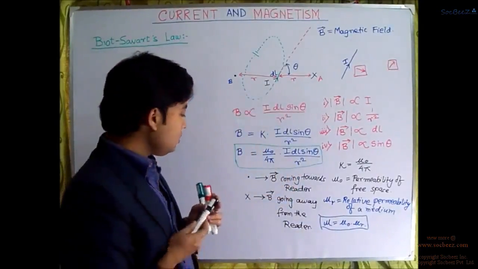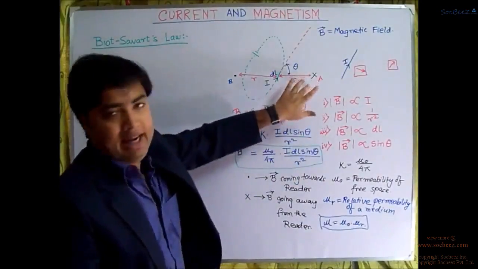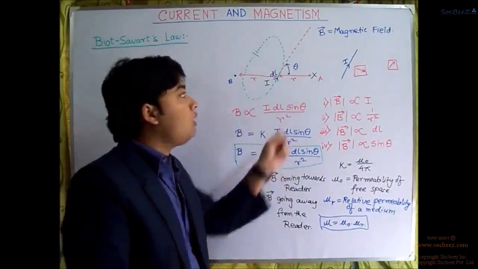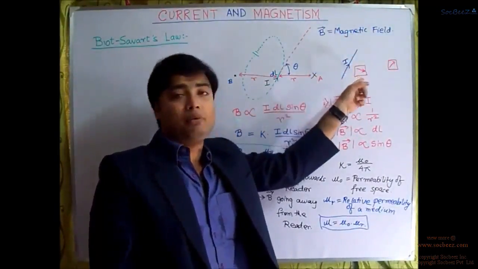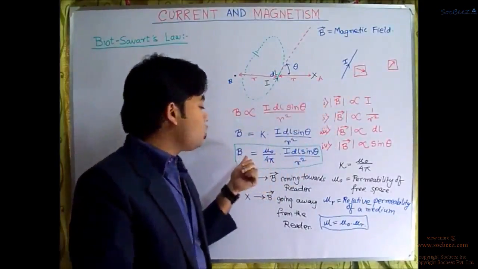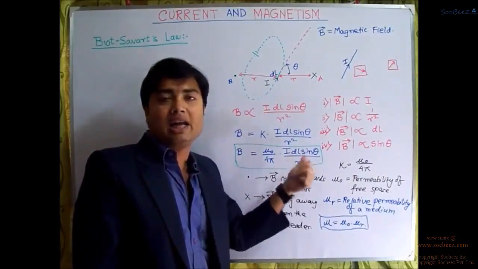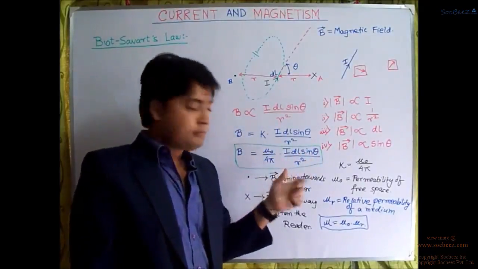So over here now we can understand that at point A, the magnitude of the magnetic field that is produced, if a compass is kept over here, the B produced will be mu naught divided by 4 pi multiplied by I dL sine theta divided by R square, right?